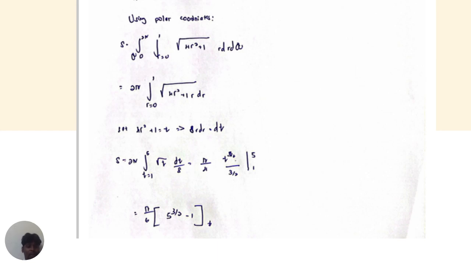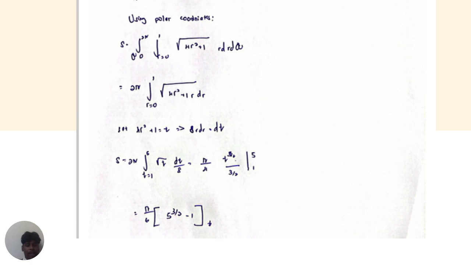The final answer is pi over 6 times 5 to the power 3 over 2 minus 1. This is the final answer of the calculation for this question.